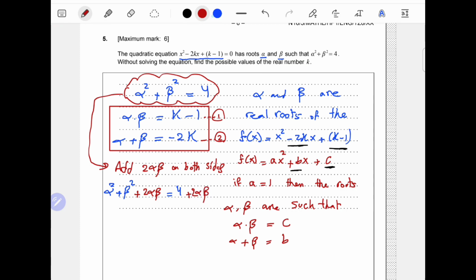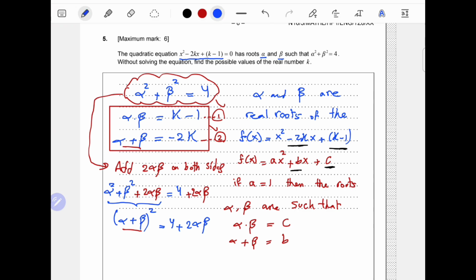Alright, and the left hand side of the equation can be written as alpha plus beta, everything squared, equal to 4 plus 2 alpha beta.